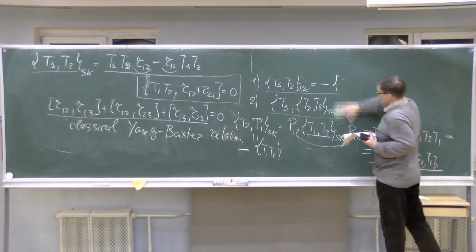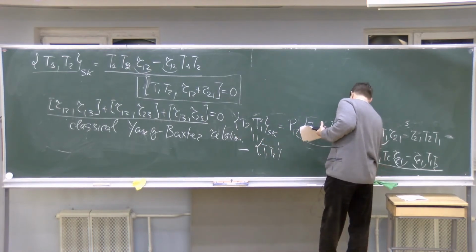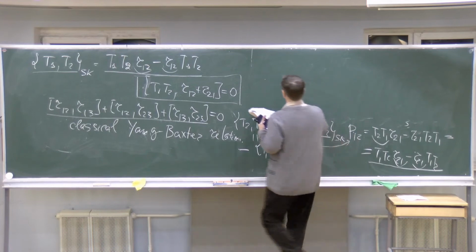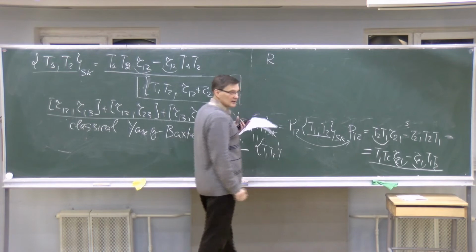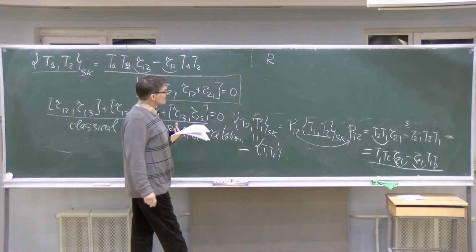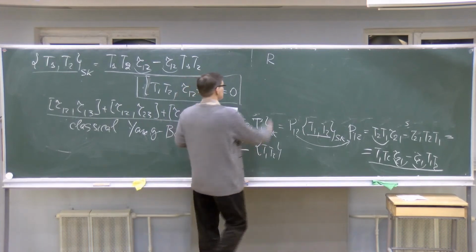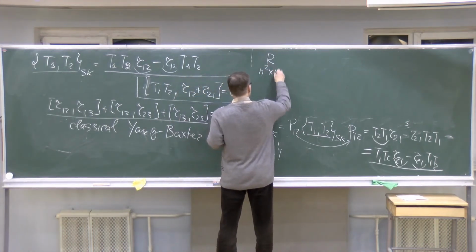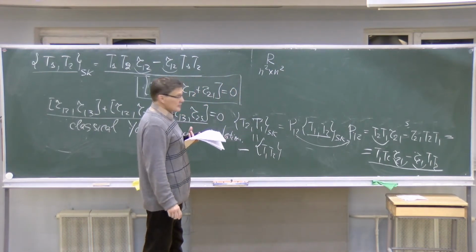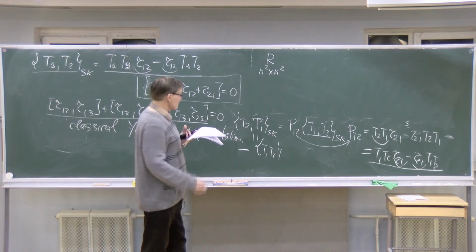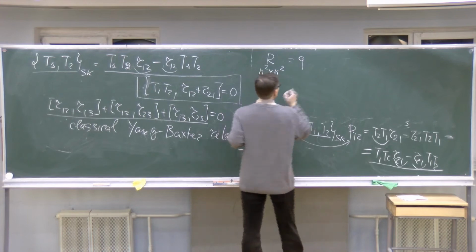I'll consider an object of the following form. I will write this R capital. This is the so-called Drinfeld-Jimbo R-matrix. This is also an n square by n square matrix, and in the basis of matrix units, this object has the following form.